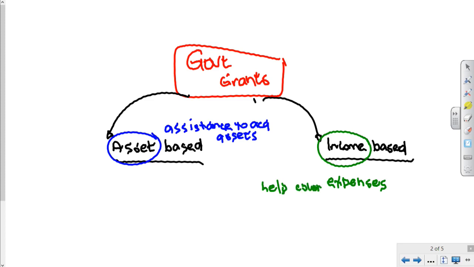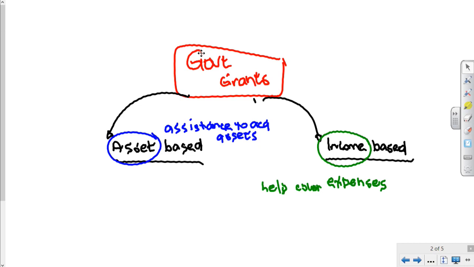So I'm still talking about the clinics that are being built in the rural area, and maybe what government will do is say that in order for the clinic to run efficiently, you need to have a certain number of doctors and nurses, and that they will assist with salaries for a while. So they may say to you, they will pay 60% of nurses' salaries or doctors' salaries for the first 3 years or something like that. So we have asset-based grants and income-based grants.